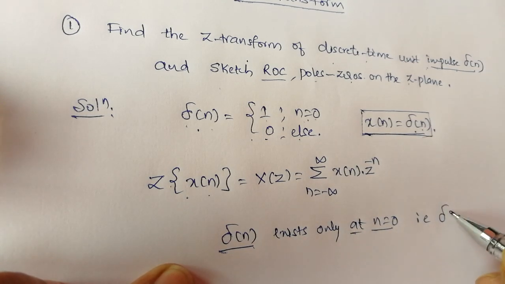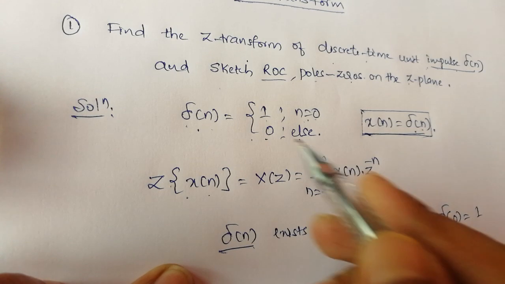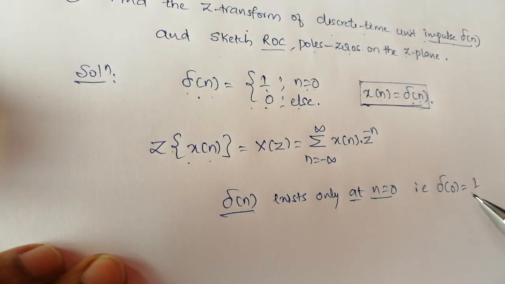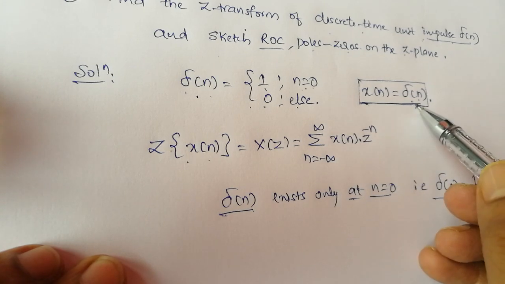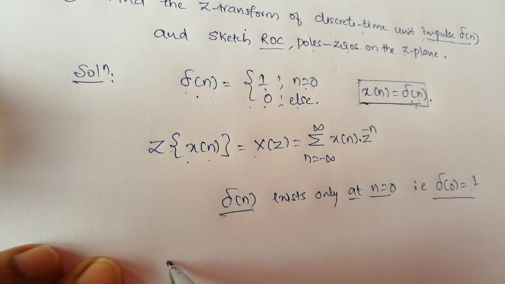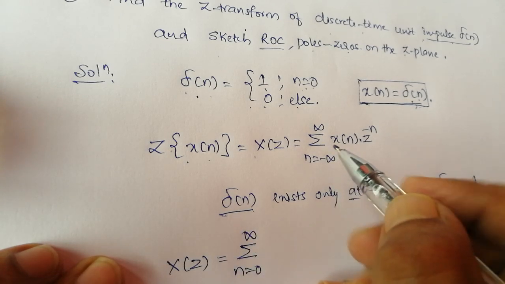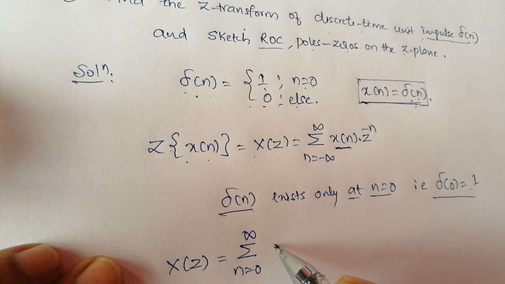N equal to 0 means delta of 0 equal to 1. Delta of 0 equal to 1. So let us substitute the given function in the definition of Z transform, that is X of z equal to summation, n equal to minus infinity to infinity, x of n, that is delta of n, multiplied by z raised to minus n.